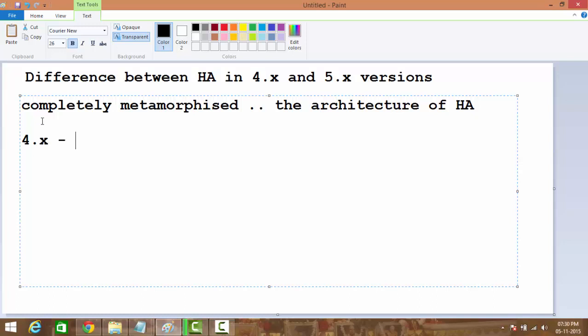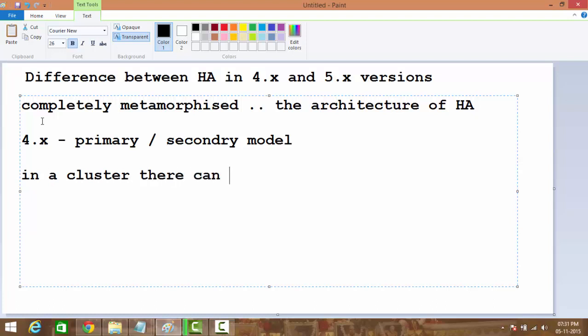Okay, so on the architecture side, 4.x used to work on a primary-secondary model, in which, now listen to me carefully, first thing, in a cluster there can be a maximum of 32 ESXi hosts until 5.5.